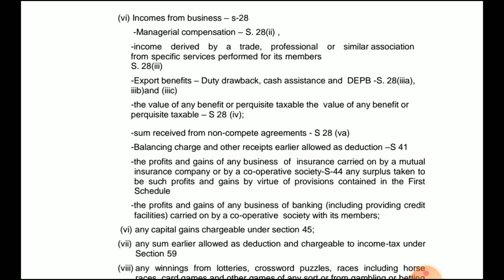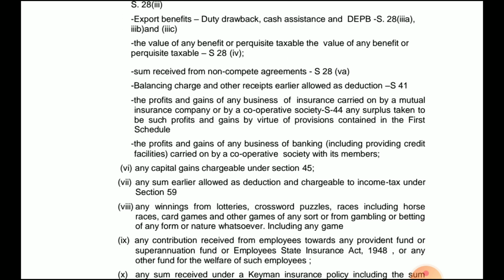Then any sum earlier allowed as deduction and chargeable to income tax under section 59. Okay, so as per section 59, some amount of money was earlier allowed as deductions, right? There are various deductions, like maybe drawings, depreciation, or maybe capital investment that was treated as revenue expenditure. Those kinds of things were allowed earlier as deduction.